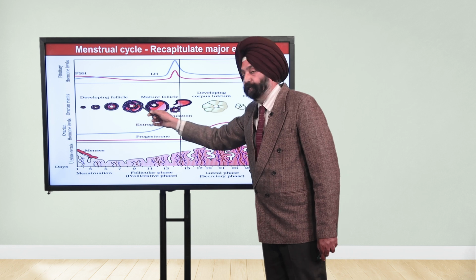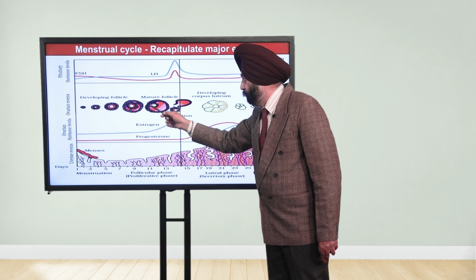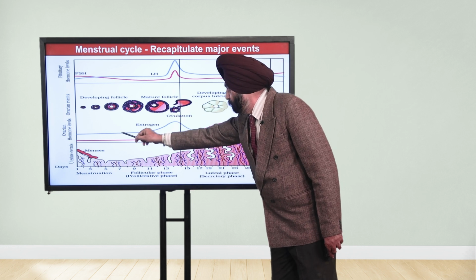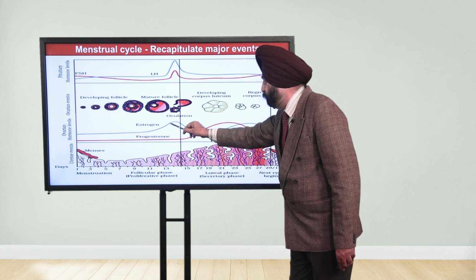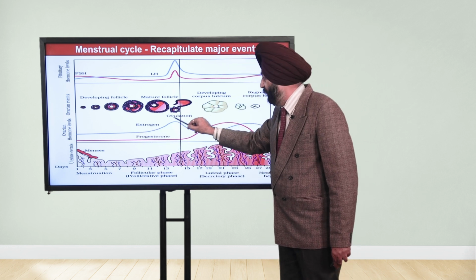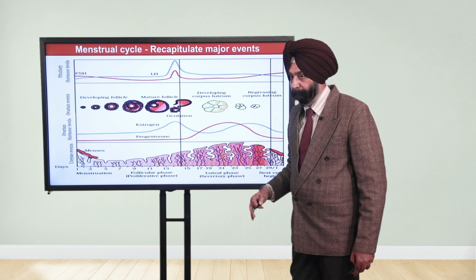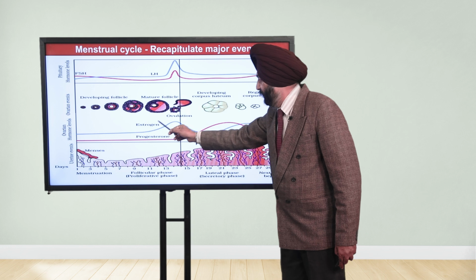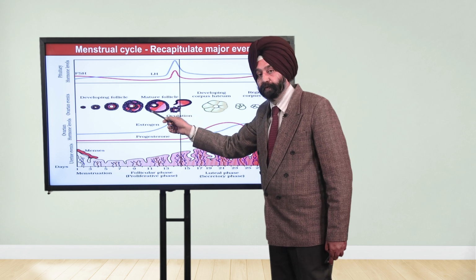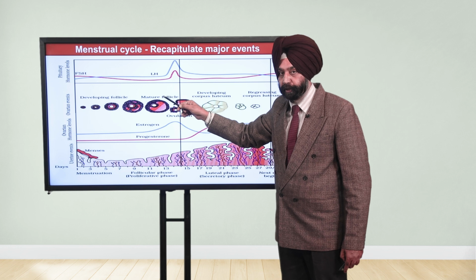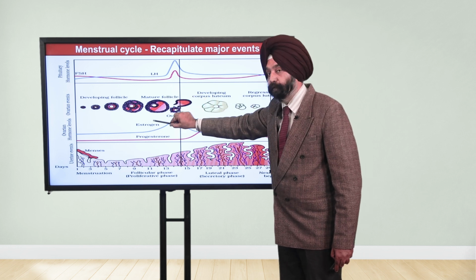As the follicle is increasing in size, the number of follicular cells are increasing, the level of estrogen is increasing. So, estrogen being secreted by the follicular cells.